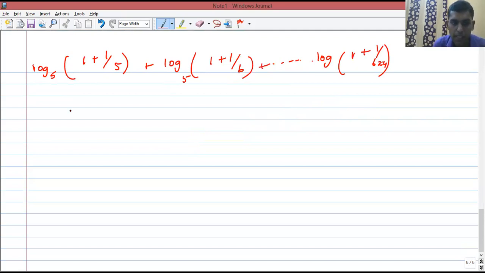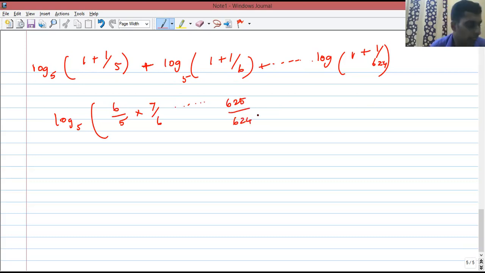Just simplify these factors. Log 5, keep it like this. When it is in plus, we can multiply directly using the property. 1 plus 1 by 5 can be written as 6 by 5, 1 plus 1 by 6 can be written as 7 by 6, and so on up to 625 by 624.